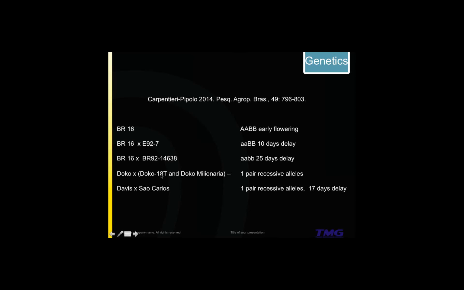These mutants that were selected in DOCO, they show that they have a pair of recessive alleles that control the long juvenile trait. Also São Carlos, which is another variety derived from Davis, has 1 recessive allele that delays flowering by 17 days. So I would suggest looking at this paper. I do have a copy if you want.